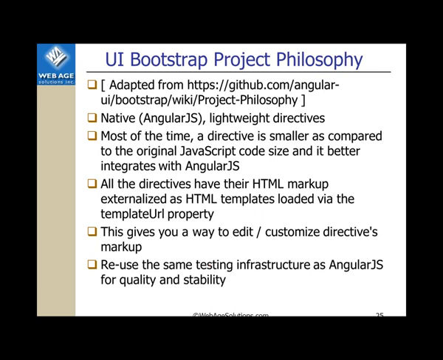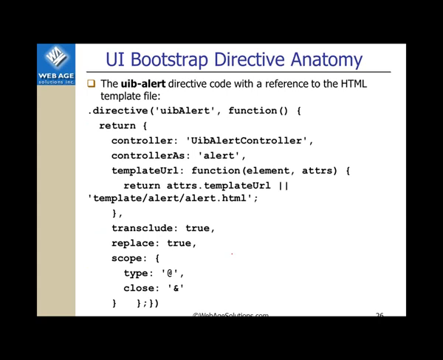In addition to using AngularUI Bootstrap out of the box, you also have a way to customize those templates. It's a very powerful way of providing low-level control over the look and feel of different components. So here's an example of a directive.